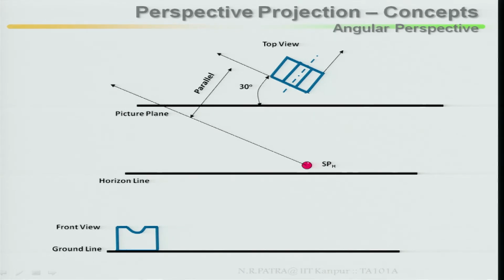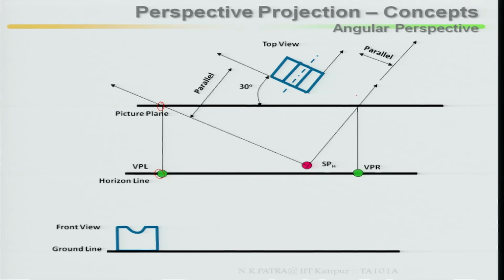Draw a line parallel to your left face, and where it intercepts your picture plane, you mark it. From there, draw the projection. Then this point will be your left-hand side vanishing point. Similarly, locate the vanishing point on the right-hand side. So, this is your vanishing point left, this is your vanishing point right.